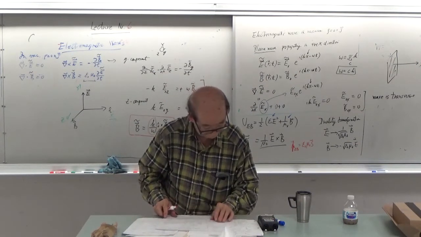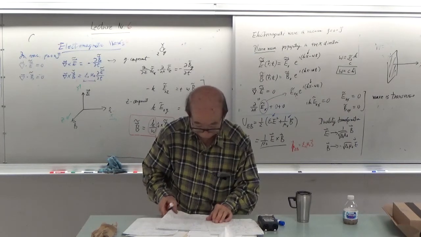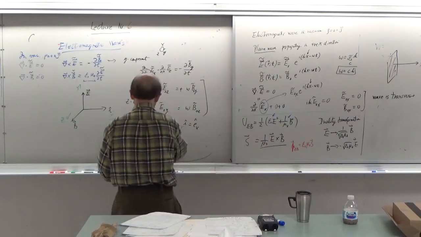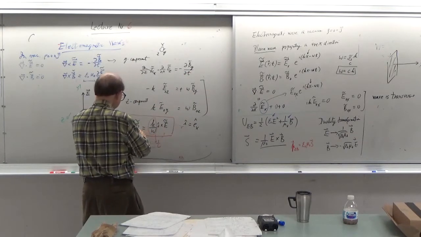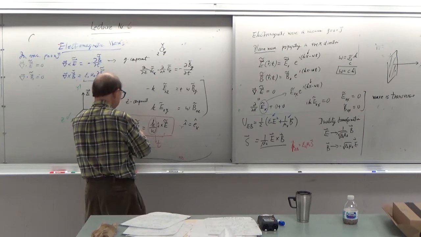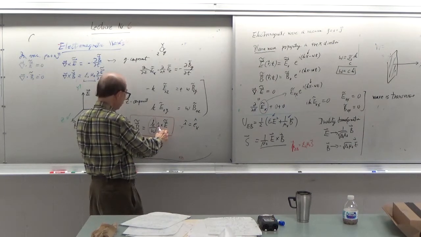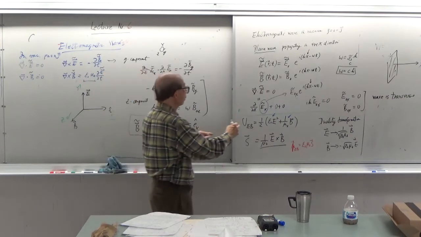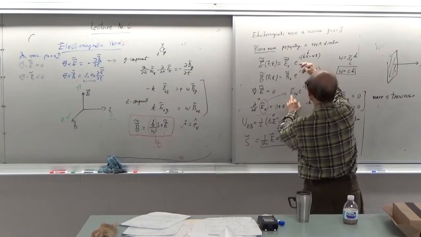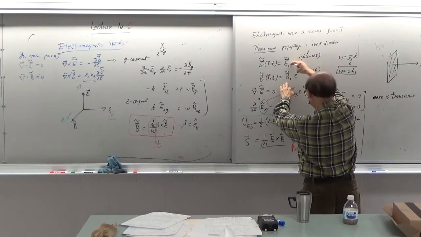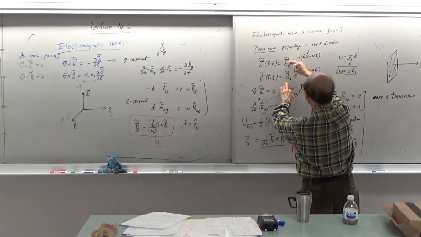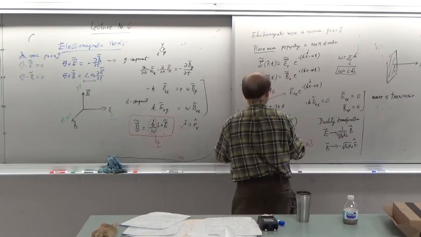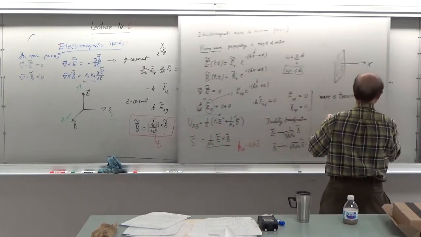So we conclude the following is true, and all these are real. This complexified B field and this complexified E field are related by something real, so the phase hidden here must be the same. Remember, the complexified amplitude is the real amplitude times the phase factor.